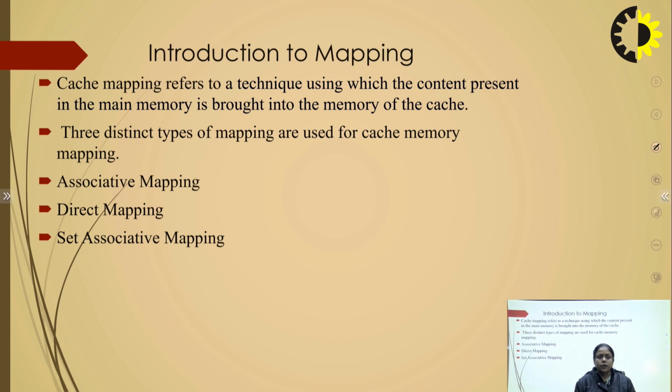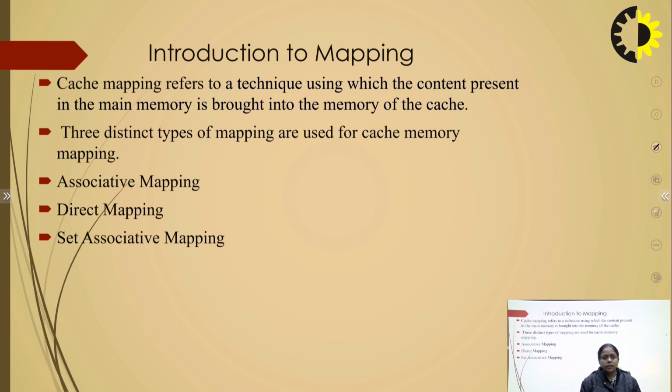Now the introduction to mapping. Cache mapping refers to a technique by which content present in the main memory is brought into the cache memory. What is the meaning of mapping scheme? When the CPU looks for data in the cache, the CPU always generates the address of the main memory.